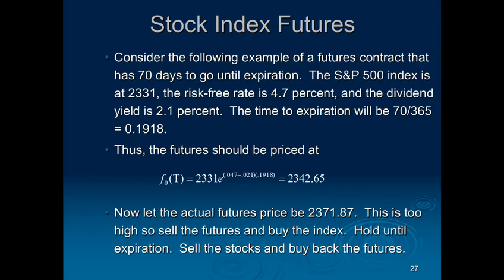If I decide to go short on the futures contract at the moment, today, how much does this cost me now? When I go short on the futures now, how much does that cost me? Zero, right? Nothing. But I have to buy the index.